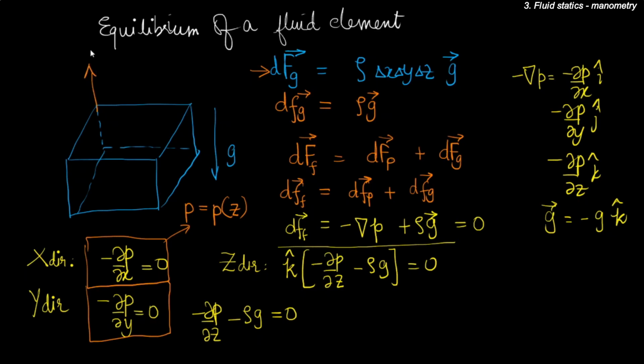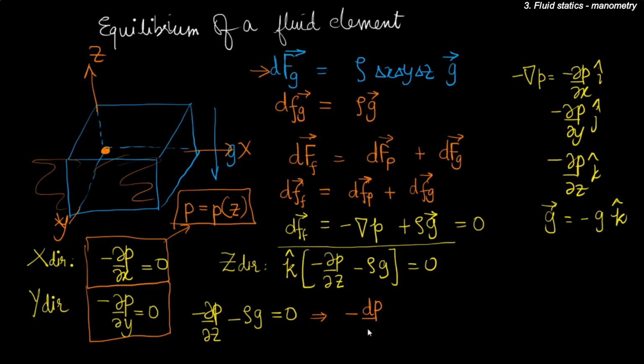Okay, so if this is the z direction, this is x and this is y. At a given z location, my pressure does not depend on the xy coordinate. It is constant across all x and y coordinates. And this implies that we can write this partial derivative as an ordinary derivative.